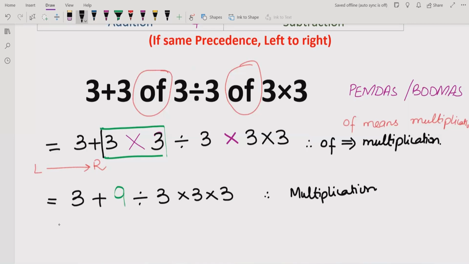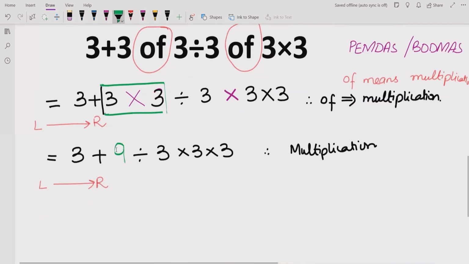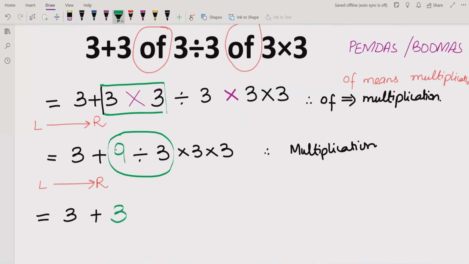Now, again, we will move left to right and see which one will be solved. According to the PEMDAS and BODMAS method, we will solve this one: 9 divided by 3 is 3. We will write 3, and again we will multiply this 3 by 3. So now we did division.